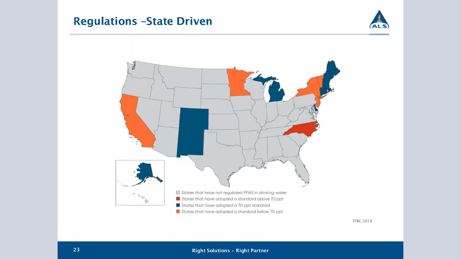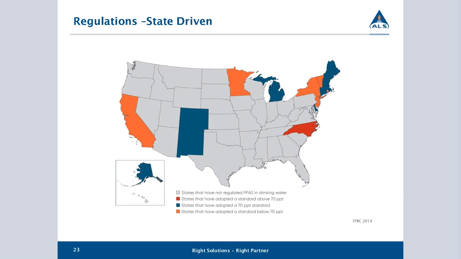So this is just a graphic, and you'll see the states that are in orange basically have adopted a standard below the health advisory limit of 70 parts per trillion. The states in blue basically are at the 70 parts per trillion standard health advisory limit.